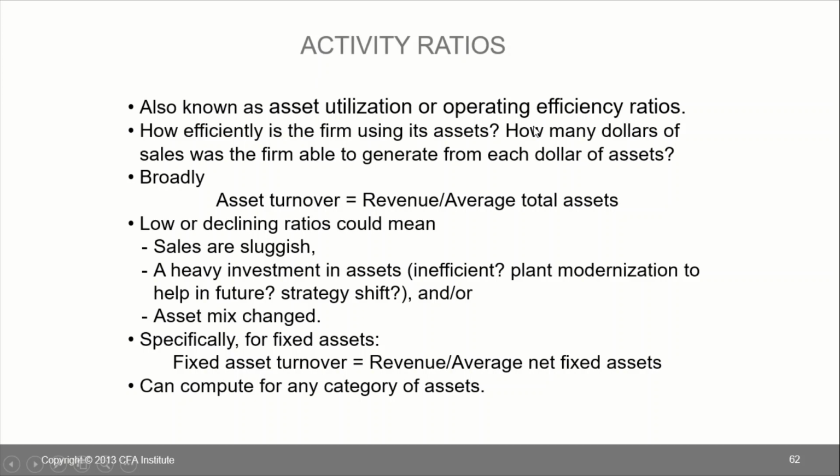So if the firm is spending the money of the shareholders wisely in terms of its operations, so it answers the question, how efficiently is the firm using its assets? How many dollars of sales was the firm able to generate from each dollar of assets? So for example, in simple terms, for every 1 peso or $1 of sale, how much of your assets contributed to that sale? Okay?